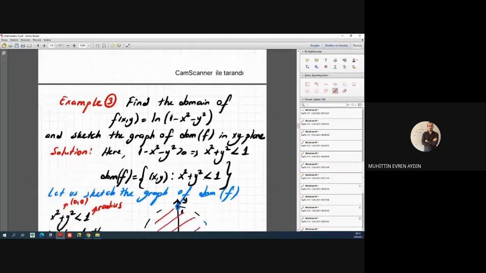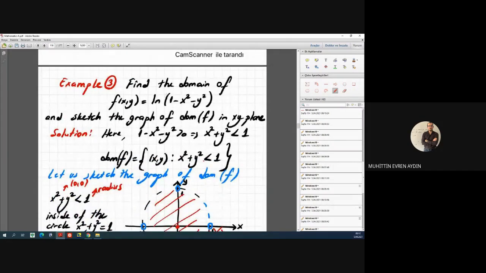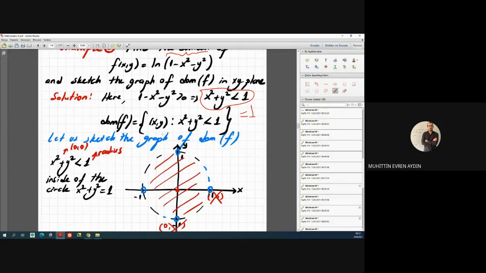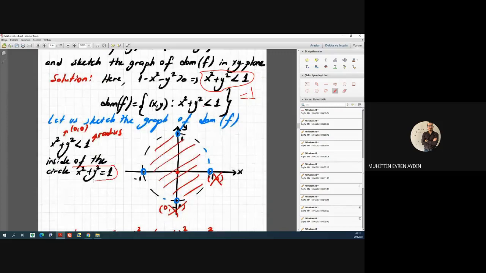Another example, again a logarithm, and this part must be positive, which means that x squared plus y squared is smaller than 1. If it was an equality, then this equation, x squared plus y squared equals 1, determines a circle.